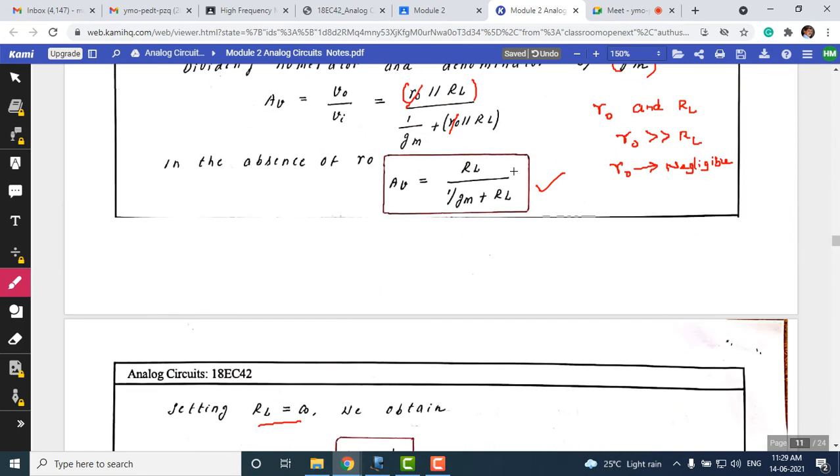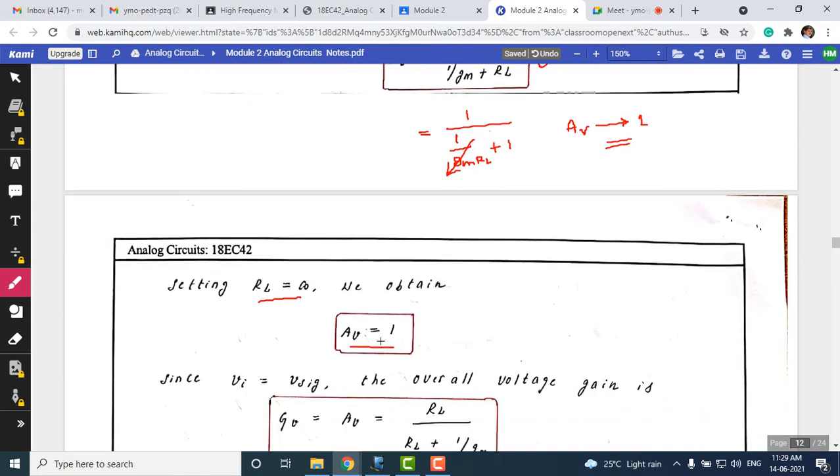If I bring this to the form 1 by GM times RL plus 1, once we assume RL is infinity, this term goes away, so AV tends to unity. That is what is shown here.